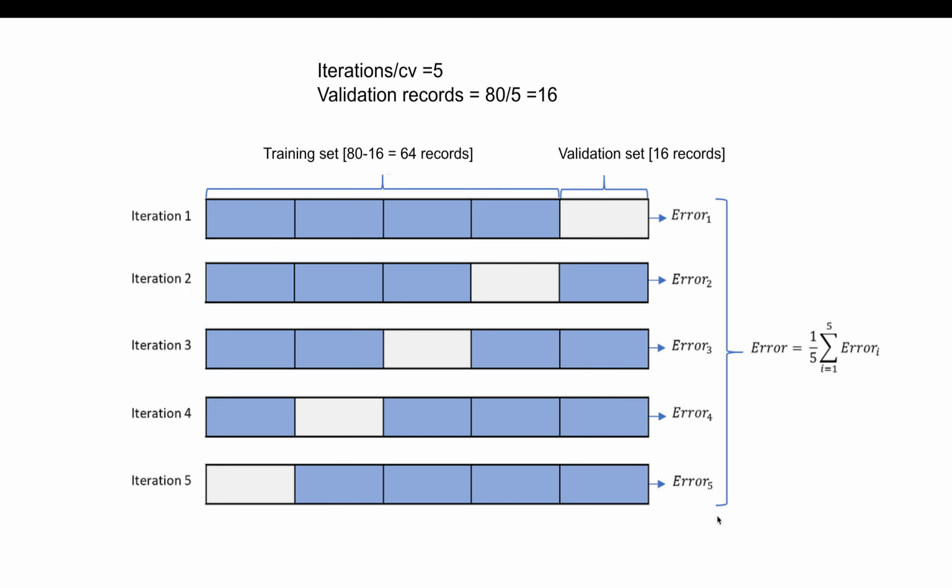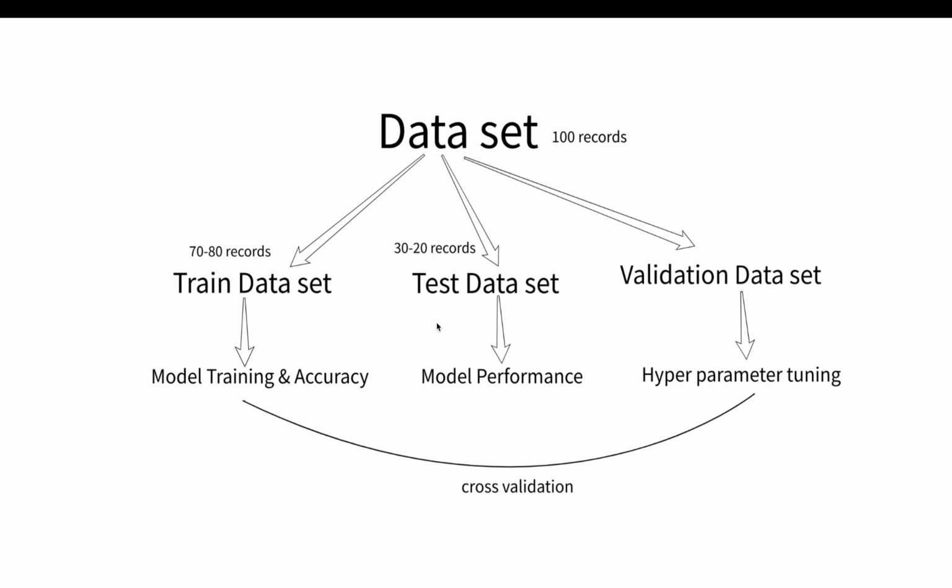That is what we saw. That is nothing but the difference between the actual and the predicted value. So you are going to get the error, and from here you are going to get the average of the error. So this is what is called your cross validation, and how you actually take your validation data set.